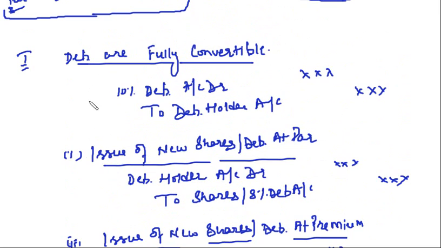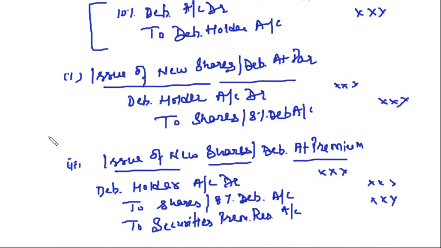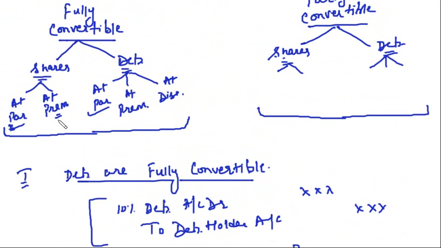First of all, this entry will be common in all the cases. The amount that is due to the debenture holder. Then you have to see that whatever the new shares or the debentures you are issuing, that issue is at par or at premium, or issue of new class of debentures is at discount. Now we have discussed at par, at premium we have discussed.